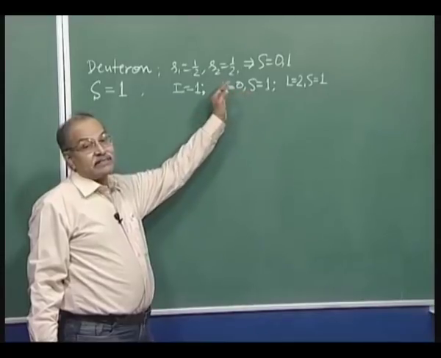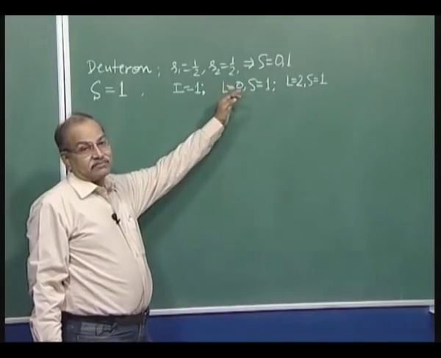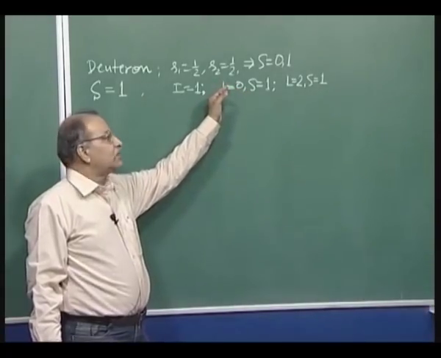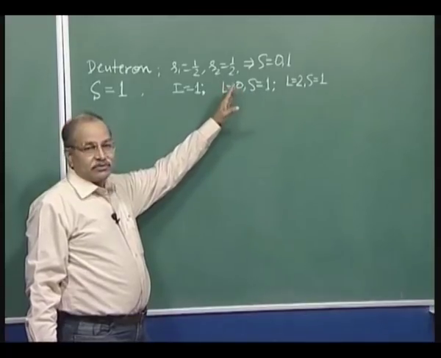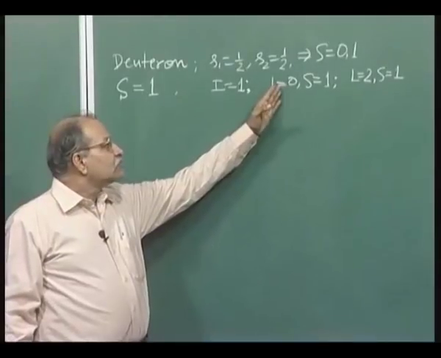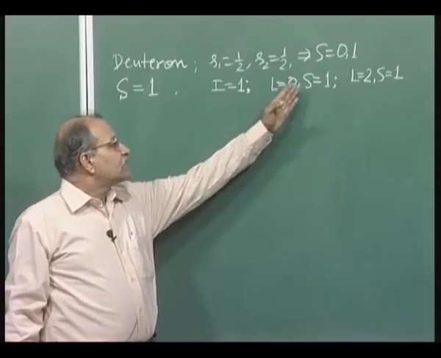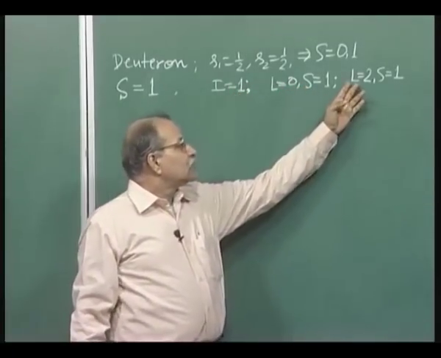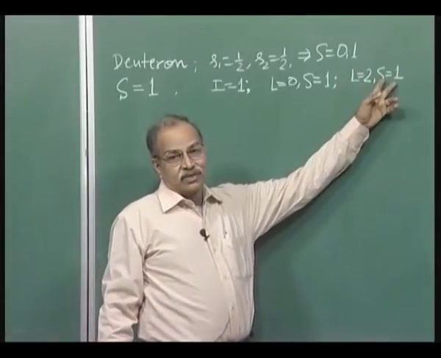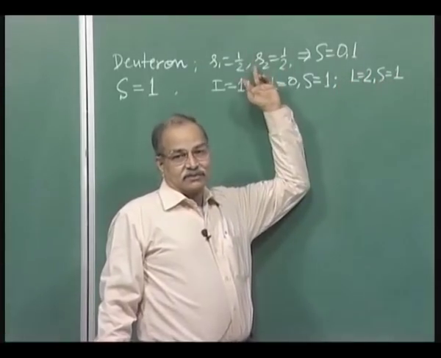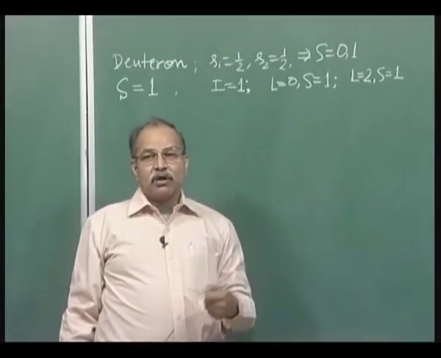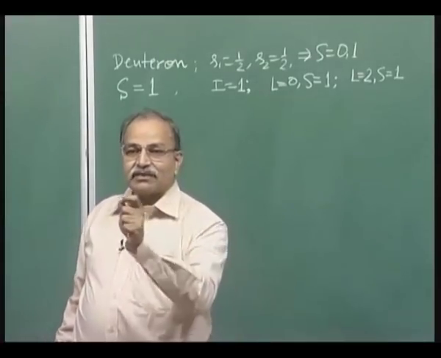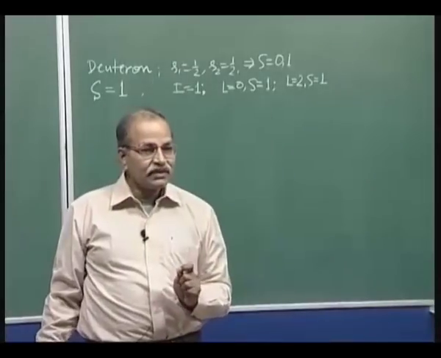but since parity is positive and that is an experimentally measured quantity, L equal to 1 we do not consider, and with L equal to 0 you can have S is equal to 1 to get this plus 1, and for L equal to 2 also you need S equal to 1 to get I is equal to 1, and therefore, deuteron bound state is capital S equal to 1 state.